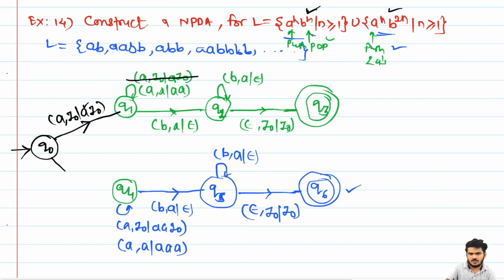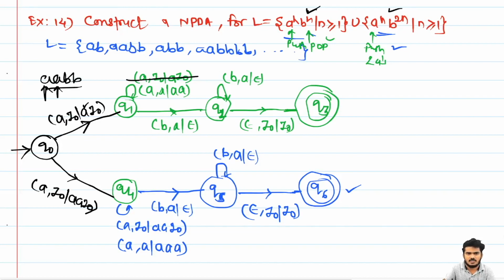Similarly, if I follow this way, suppose for single A I have to push two A's, I will follow this way. So A is the input and the top of the stack is Z naught. So I have to insert two A's for a particular A, because I am assuming the given string is AABB, but here I am assuming that the first A has occurred, and that the string is not AABB, the string becomes AA followed by 4 times B. I am assuming that.